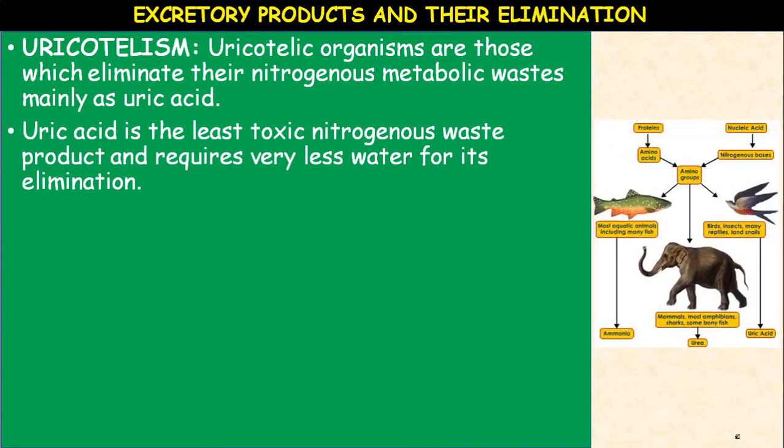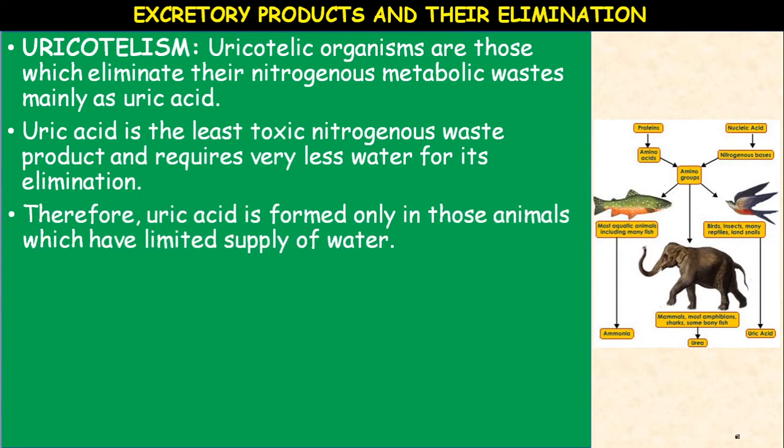Most of the desert animals are uricotelic. The animals which live in dry conditions are uricotelic. Therefore, uric acid is formed only in those animals which have a limited supply of water.